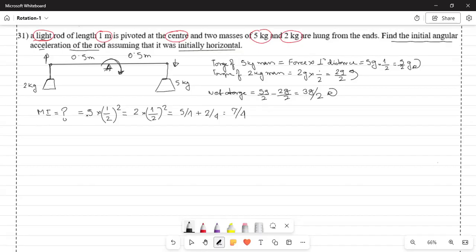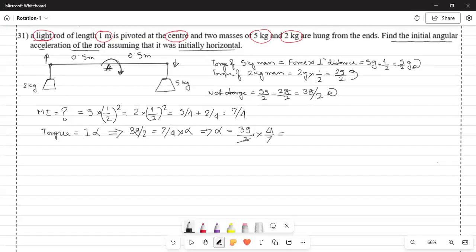Now we know that torque is equal to moment of inertia I into alpha. Using this equation, the torque is 3g by 2. So 3g by 2 is equal to moment of inertia, 7 by 4, multiplied by alpha. Alpha is the angular acceleration. From here we get alpha is equal to 3g by 2 multiplied by 4 by 7.